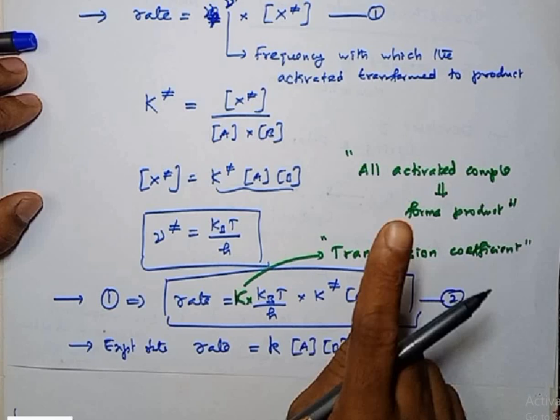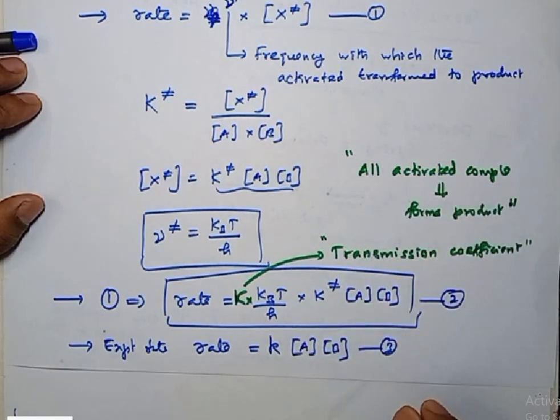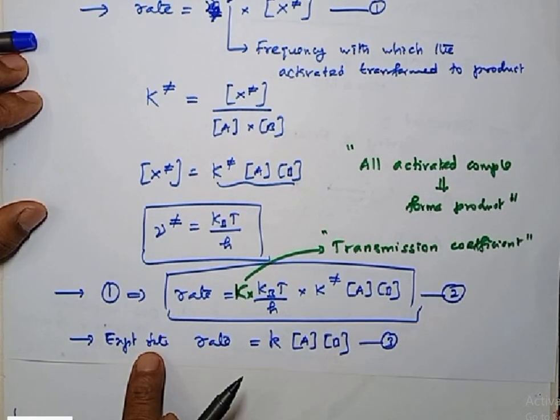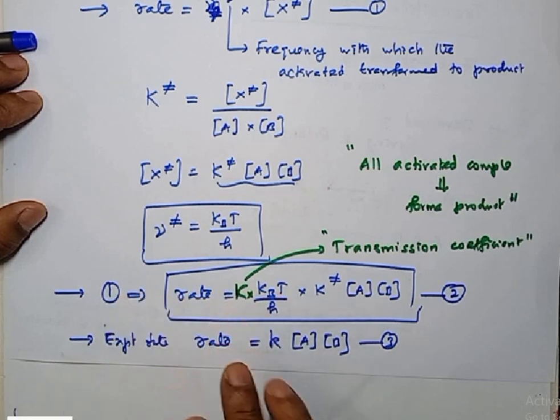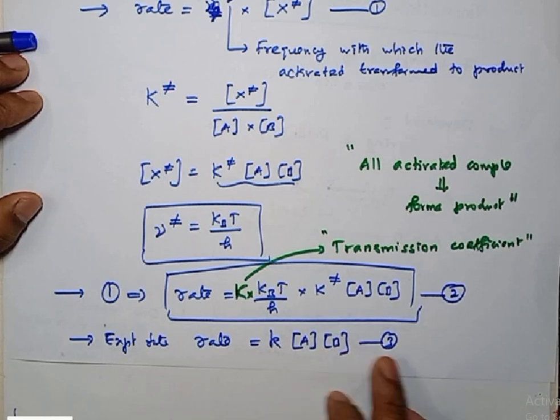The transmission coefficient is 1 if all the activated complex is converted into product. Now we also know that experimental rate is equal to, since two molecules are involved, we can write experimental rate as rate constant times concentration of A times concentration of B. I'll take this as equation number 3.